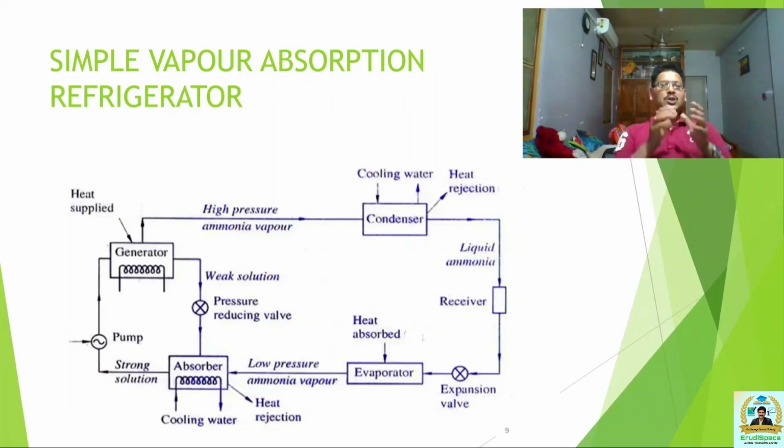Now, the solution so formed is called strong solution because it has a considerable amount of ammonia in it. Then, this strong solution is pumped to the generator. In the pump, the pressure of the solution is raised to 10 bar. Then some sort of heating arrangement is provided in the generator.